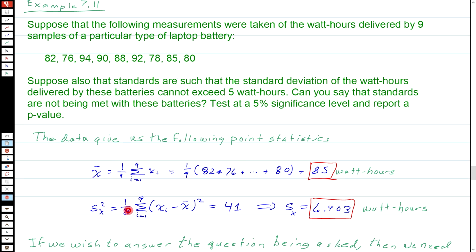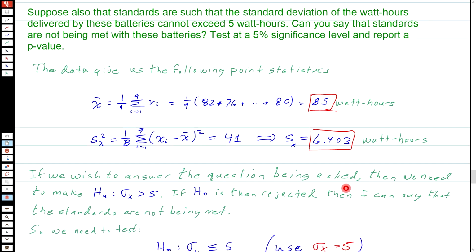So Sx squared is 1 over n-1 times the sum of the squared deviations. I plug in the numbers here, I get 41. So the sample standard deviation is 6.403. This exceeds the standard 5 watt hours, but it could just be due to natural variability. The next set of observations of 9 batteries might be 3 watt hours sample standard deviation.